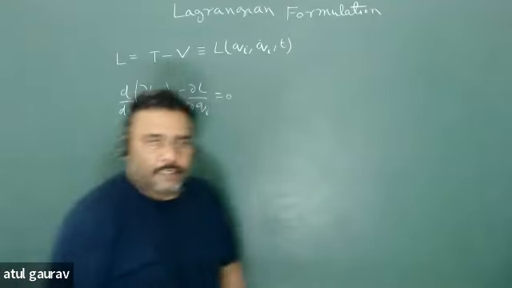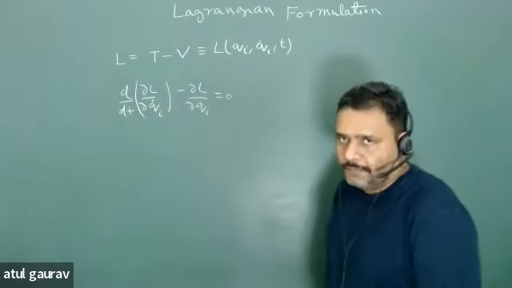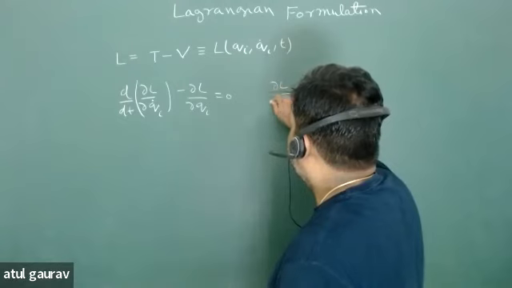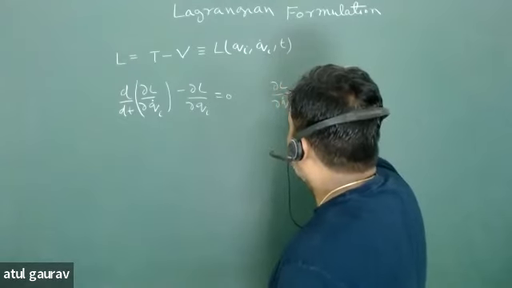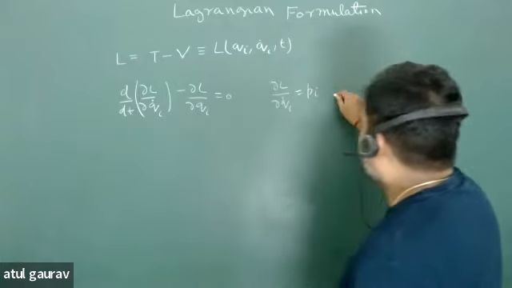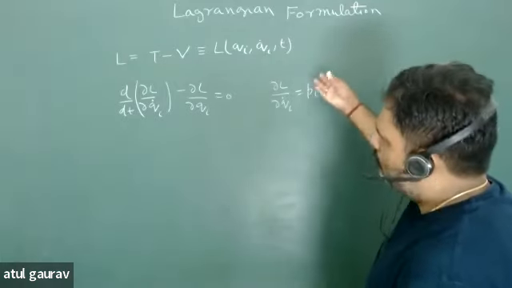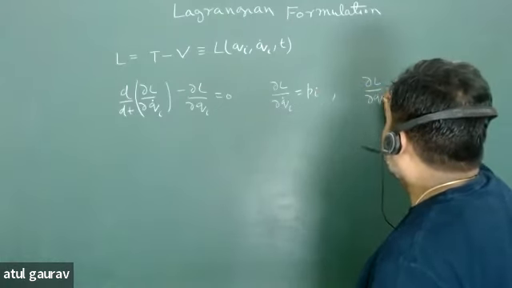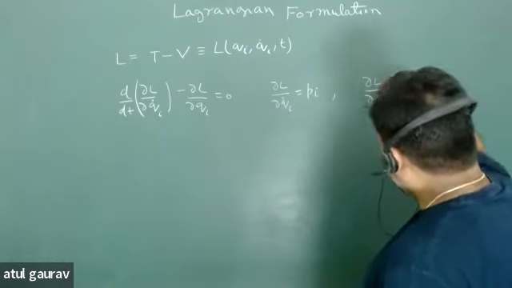And we can also have the concept of generalized momentum. Generalized momentum is del L upon del qi dot, which is pi. This is our generalized momentum. And we also have the concept of cyclic coordinate. So del L upon del qk, for some particular coordinate, can be equal to 0.